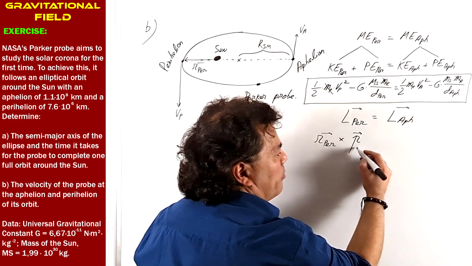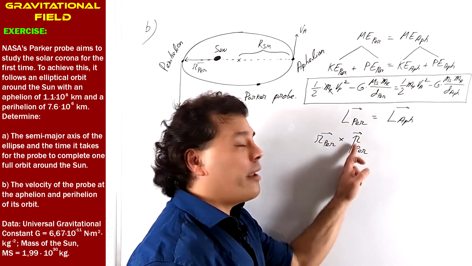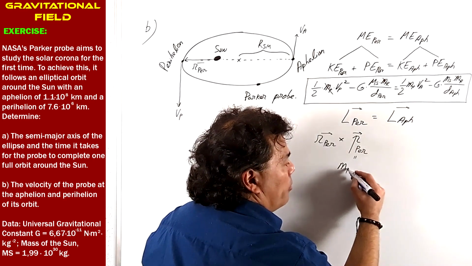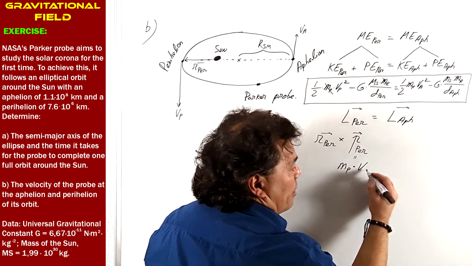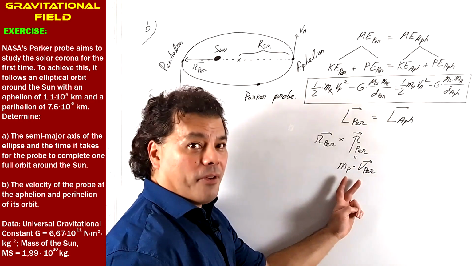This is the linear momentum at perihelion. And don't worry, because the linear momentum is defined as the mass of our probe multiplying the velocity vector at perihelion. Okay?